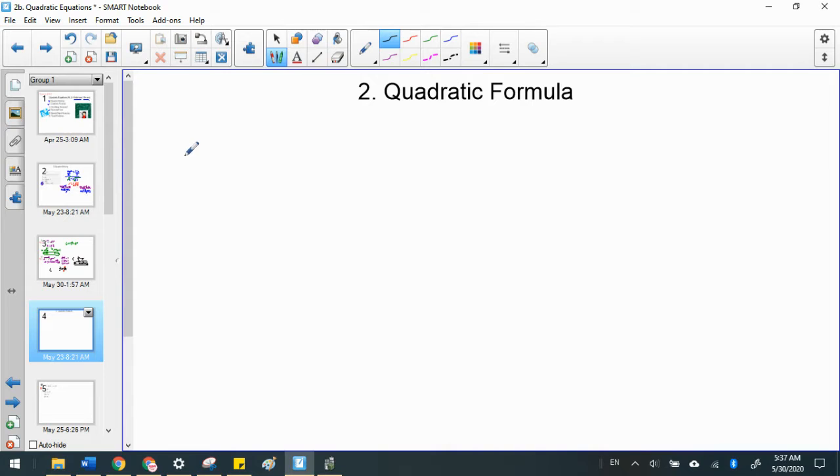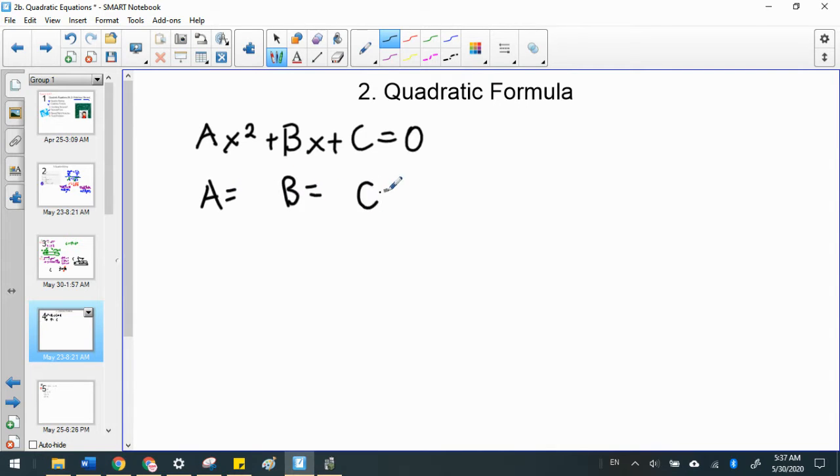Now, for those of you that have taken Algebra 1, this formula is probably drilled into your head. Given that you have an equation that fits the form of ax squared plus bx plus c equals 0, and you have your values for a, b, and c, you are always able to find the solutions or zeros.